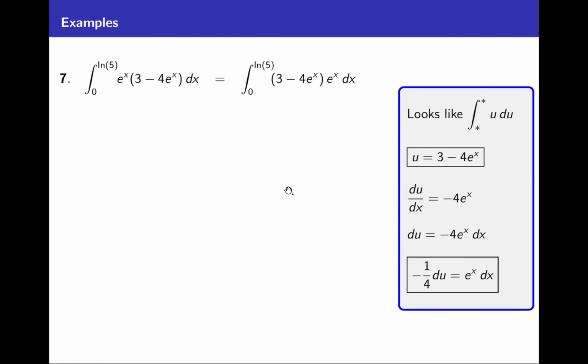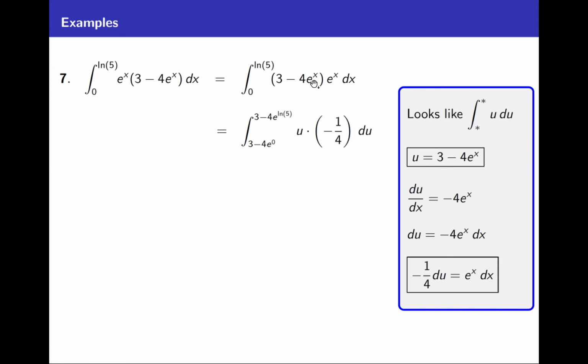So that tells us way up here in this problem that this 3 minus 4 e to the x could get replaced by a u, and the e to the x dx by a negative 1/4 du. So making that replacement, this got replaced with u, e to the x dx got replaced with minus 1/4 du.